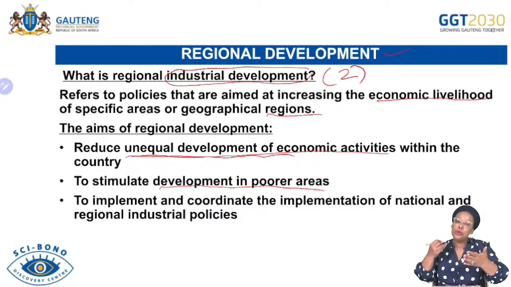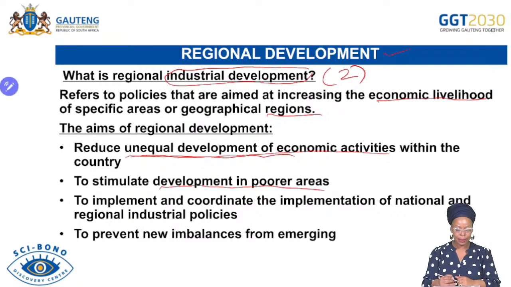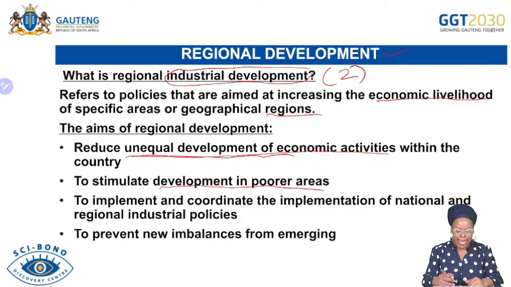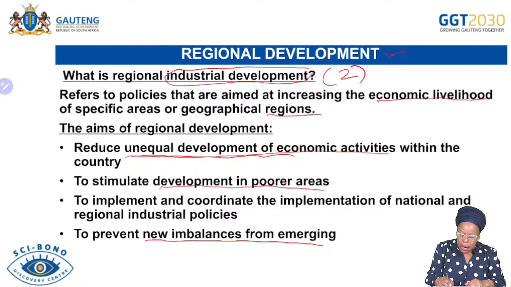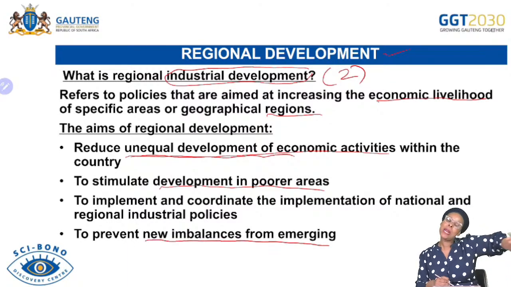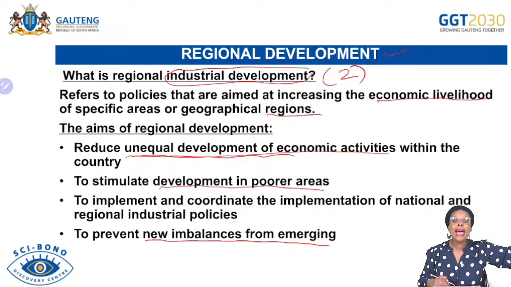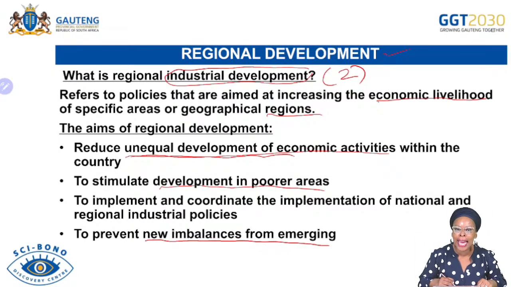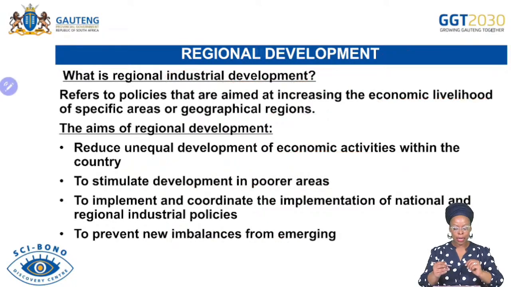They must be utilized. Another thing, we want regional development so that we prevent new imbalances from emerging. We had past imbalances where industries were concentrated in the 4 areas only, but we don't need new imbalances to occur. That can be achieved through the regional development policies.